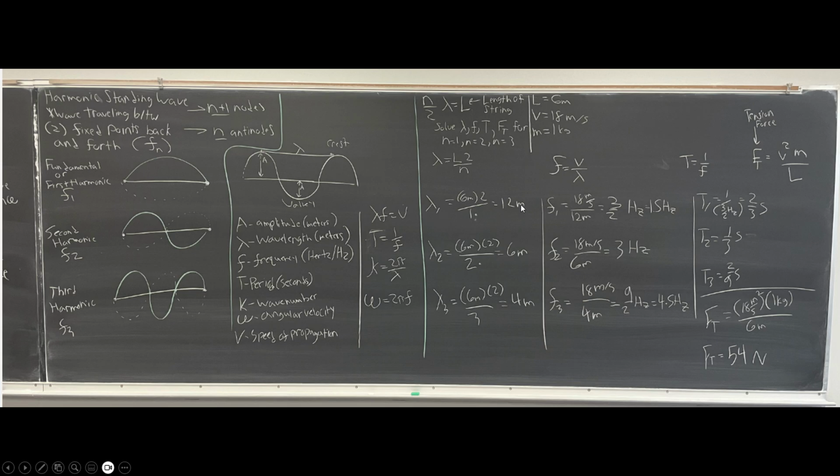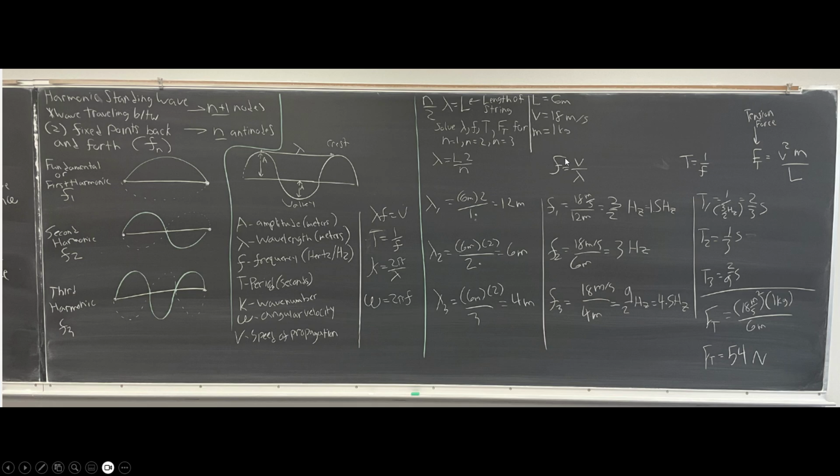That gets us 12 meters. For the second harmonic, lambda 2, that's 6 meters, times 2 over the harmonic number 2, giving us 6 meters for the wavelength. And for the third harmonic, lambda 3, that's the length 6 meters times 2 over the harmonic number 3, giving us 4 meters.